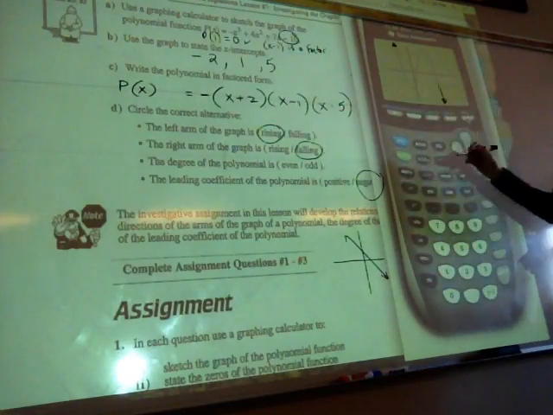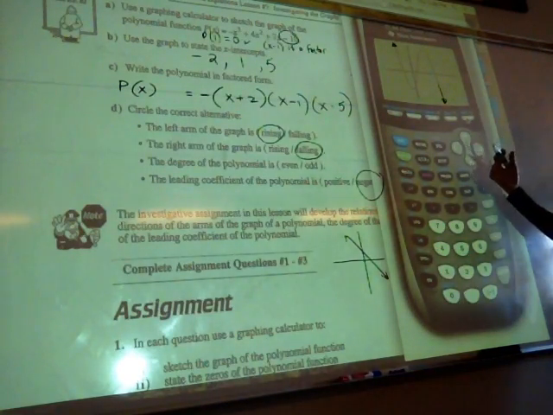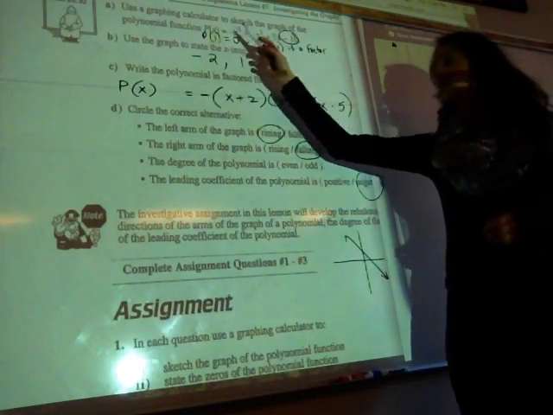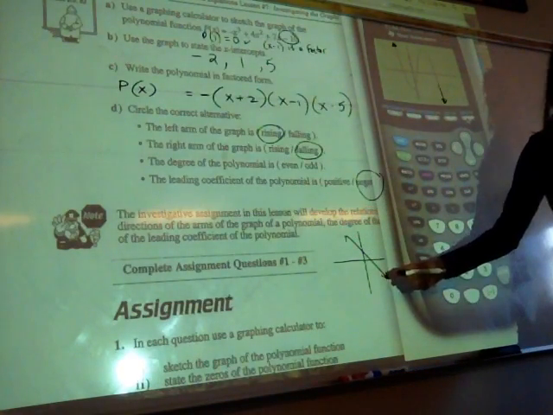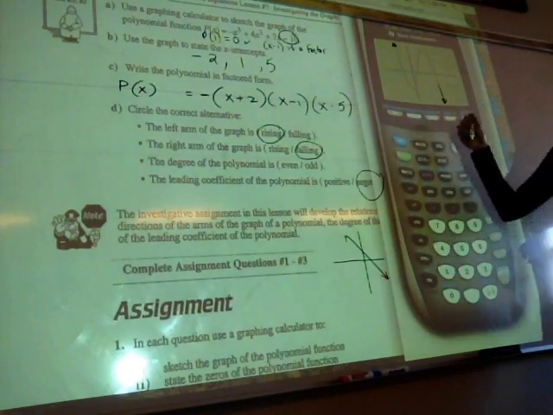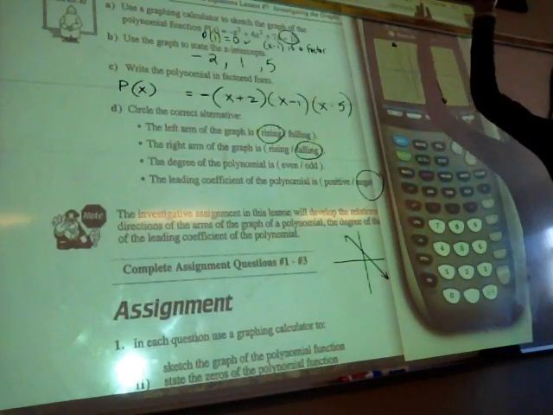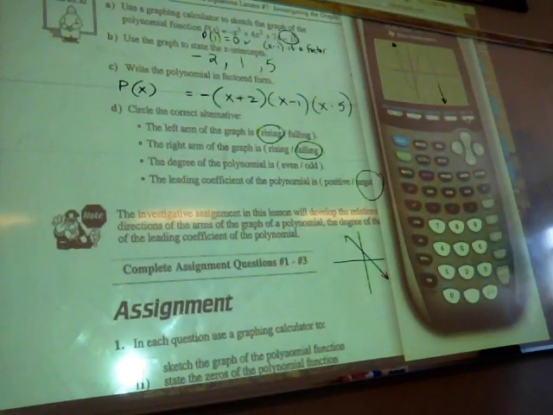So if you have a negative leading coefficient, you can go back to Math 10 and think about slopes of lines. If the left arm is up and the right arm is down, it's going to be a negative leading coefficient.